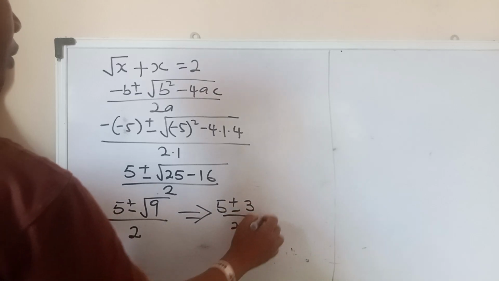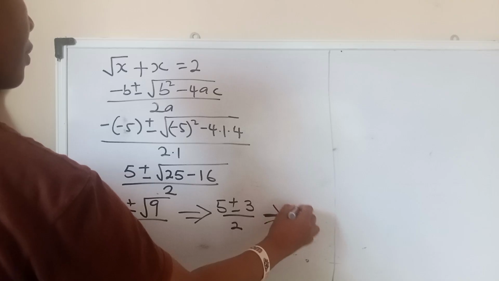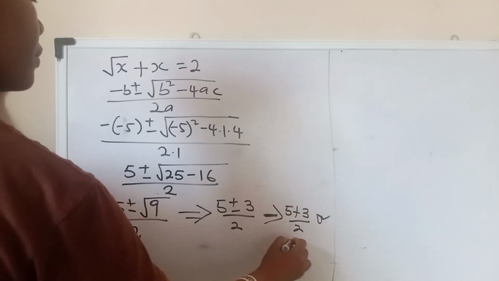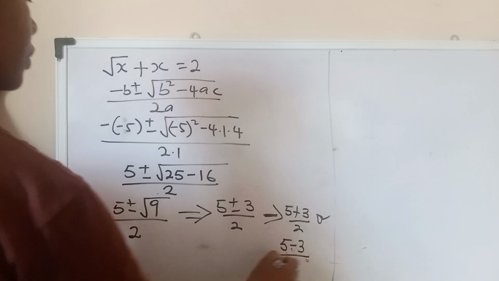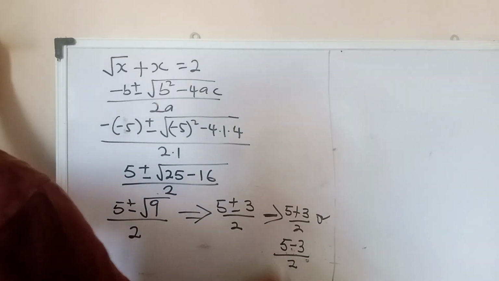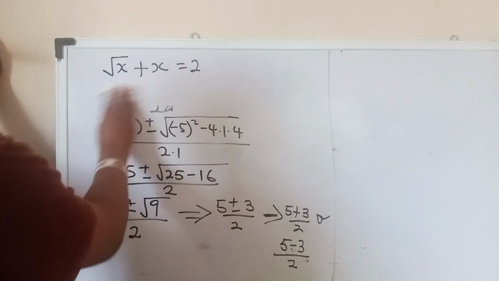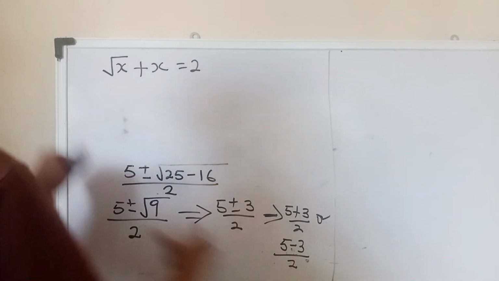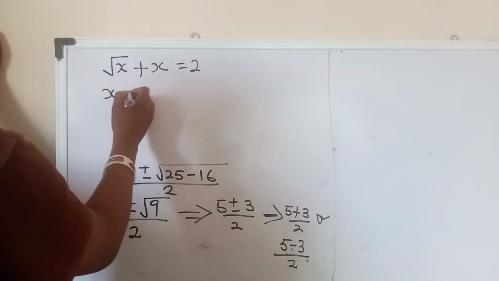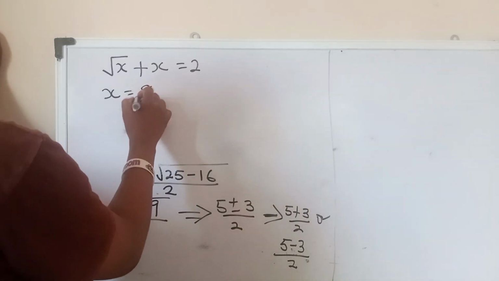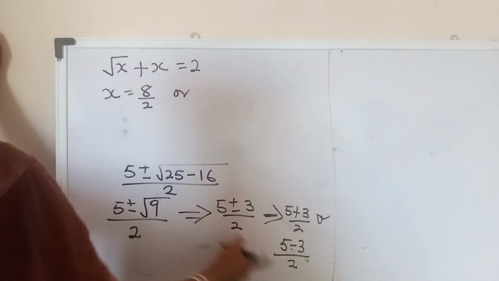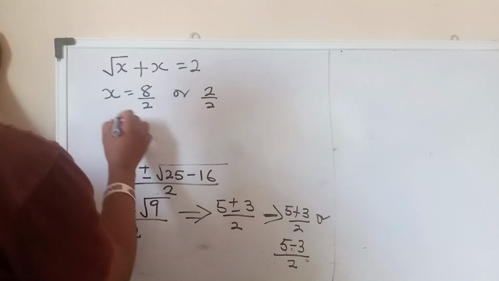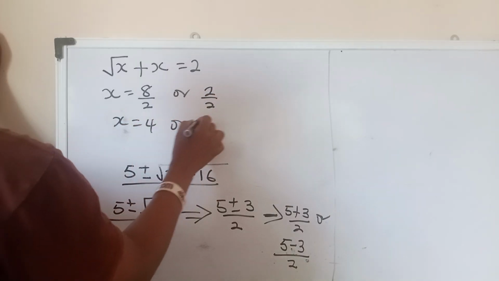So this will give us 5 plus 3 over 2, or 5 minus 3 over 2. So our final solutions are 8 over 2 or 2 over 2. And the answers are 4 or 1.